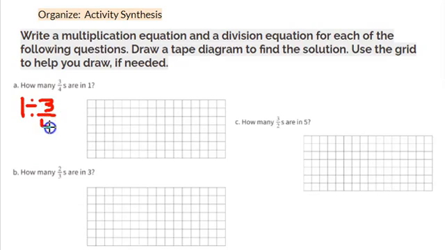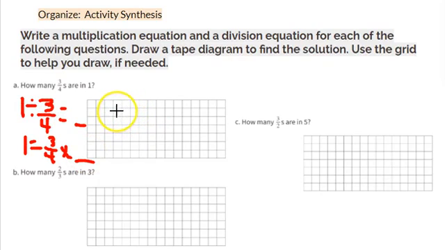What about the multiplication? Yeah, this is going to be 1 is equal to 3/4 times something. We don't know. In both cases, we don't know the answer. So how's that look here?